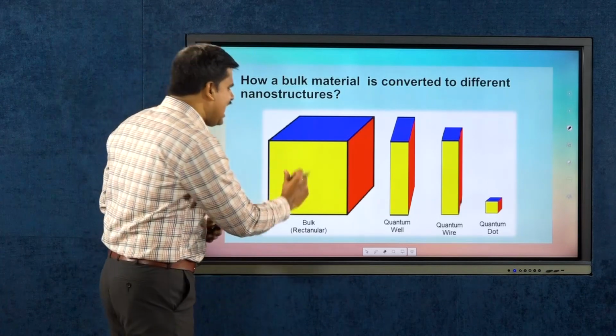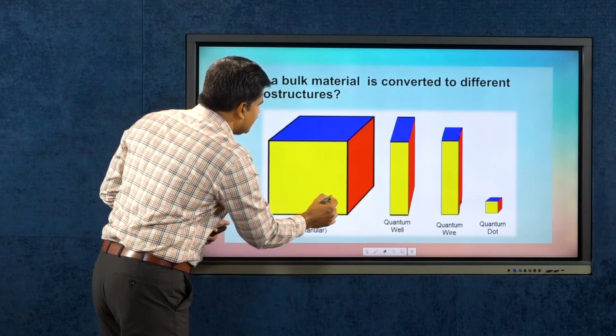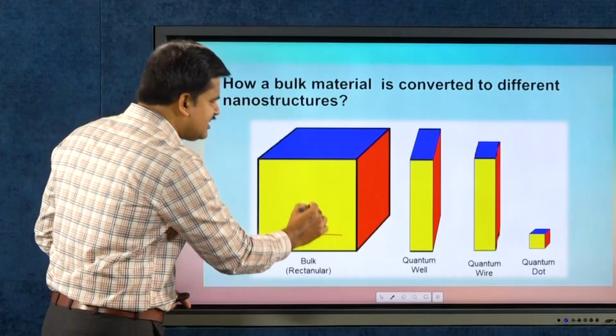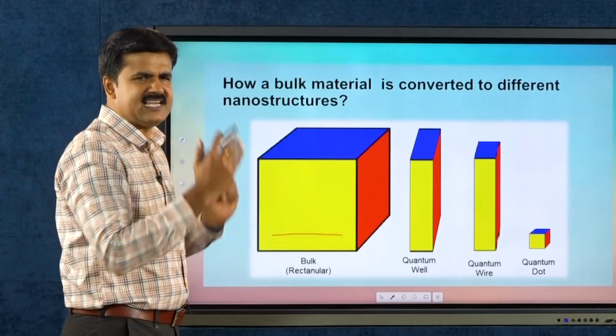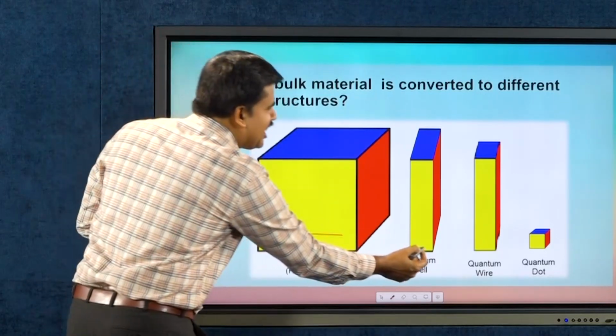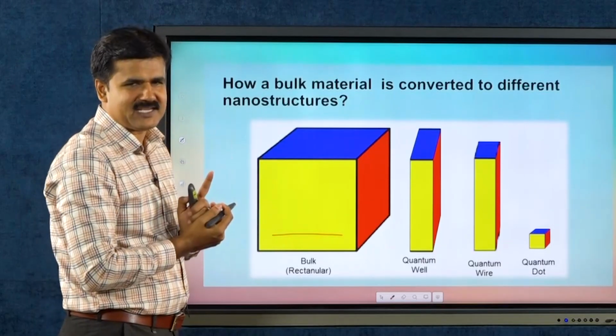Now I take one axis, say this, namely the x-axis. This x-axis is reduced. That is, the x direction is reduced to the nano range.